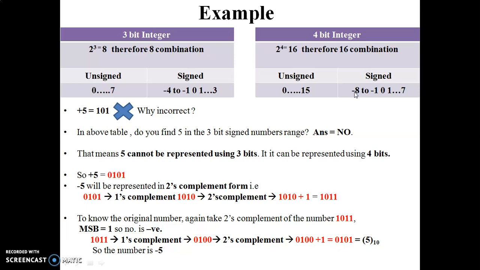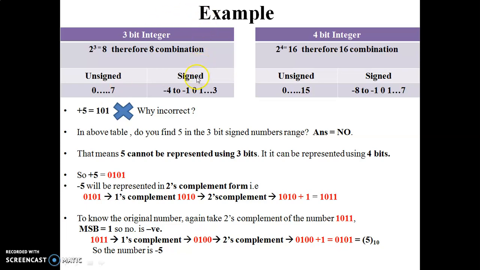Similarly, if I now ask, can I represent +5 as 101 using 3 bits? Is this correct or not? If it is an unsigned number system, yes, definitely 101 will be the correct answer. But we are talking here about signed number systems. When it is a signed number system, 101 will be an incorrect representation of +5.